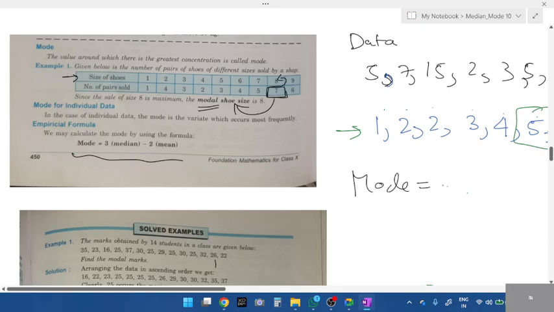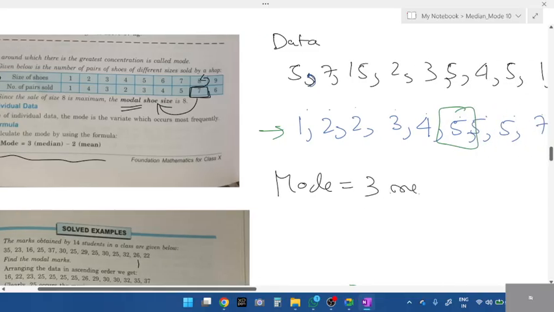The relation between mode, median, and mean. Mode is equal to 3 times median minus 2 times mean. This is the formula. Make a note of this.